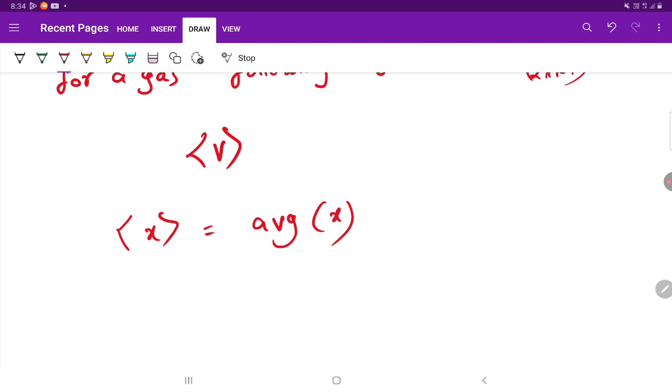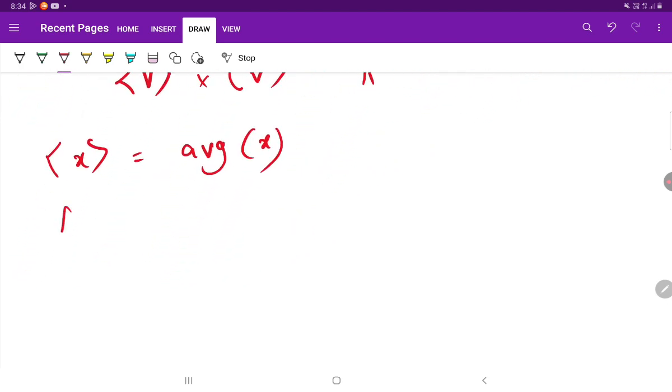Then we say the average value of v into the average value of inverse velocity is given as some constant a by pi. Now my question is, find a.